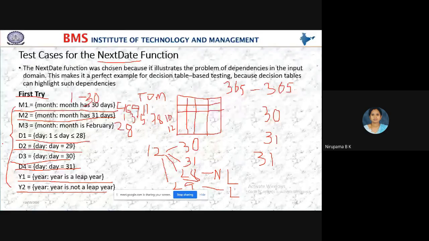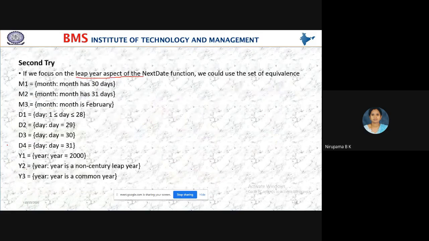See here what conditions I have taken: M1, M2, M3, D1, D2, D3, D4. What changes are there between that condition and this condition? Respond.